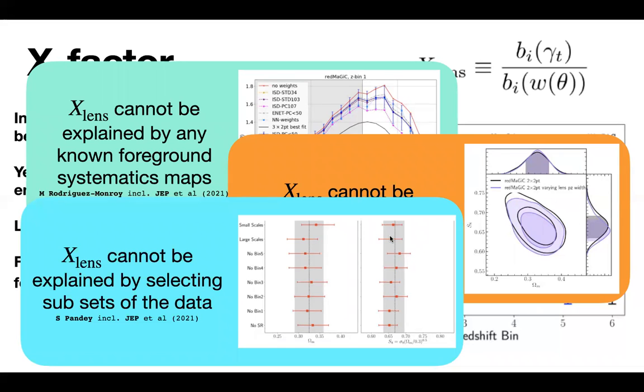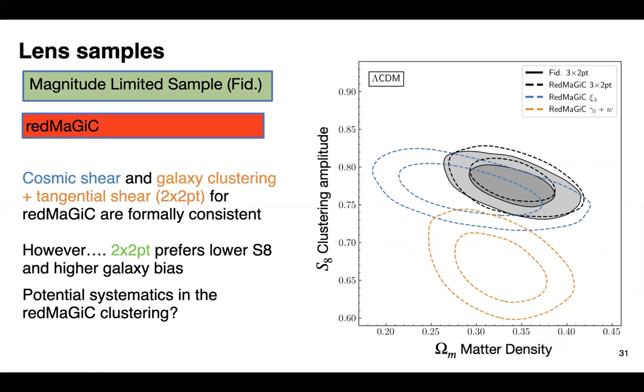But this plot is not showing your X lens, is it? I mean, this is showing your cosmological parameters. Yes, sorry. We never explicitly ran that for X lens, but the idea is, let me go back to here. What we have demonstrated is that if you allow X lens to vary, this 2x2 cosmology is perfectly degenerate, but the reason S8 is so low is because of this X lens, there is this degeneracy within the 3x2 analysis.